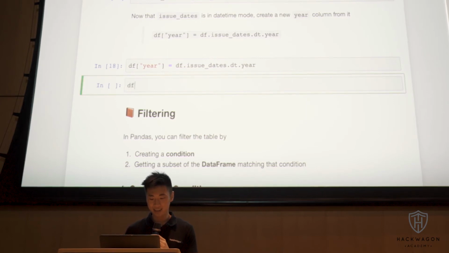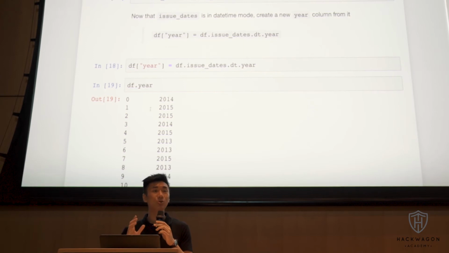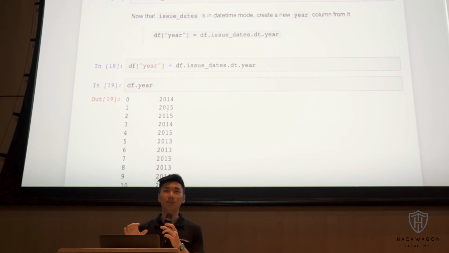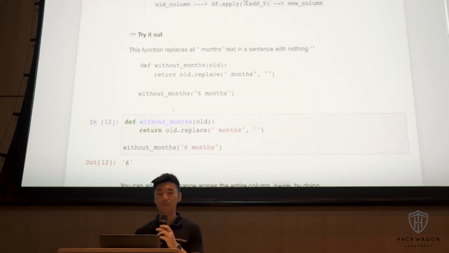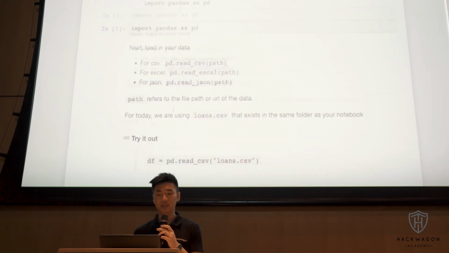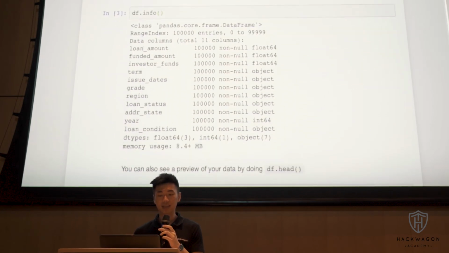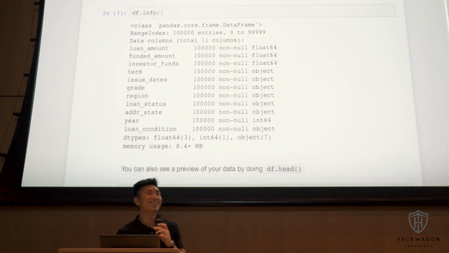df.year. So you see that I have a new column, 2014, 2015, so on and so forth. That is just a year. And to prove to you that I didn't pre-create this, remember what I did earlier on? I said df.info. If you scroll all the way up, can you all find the year?